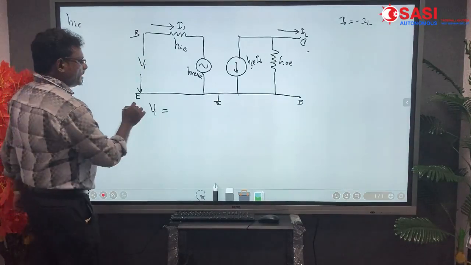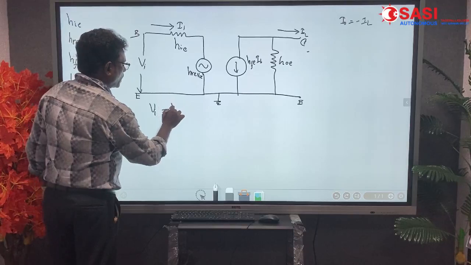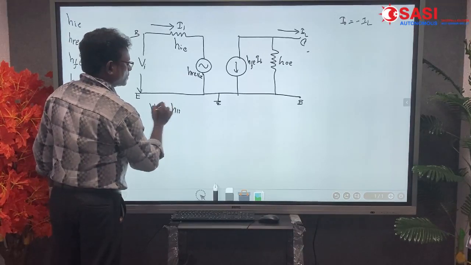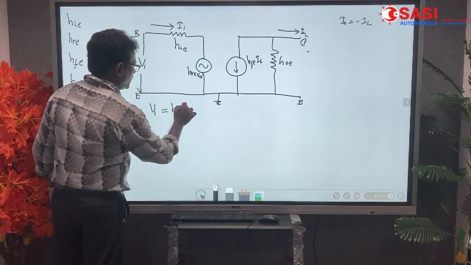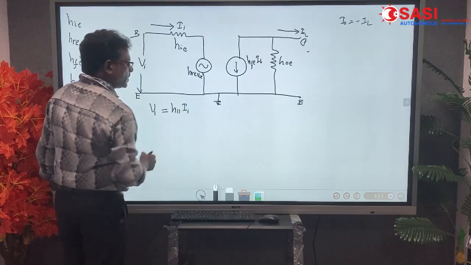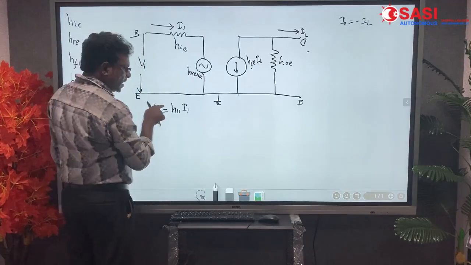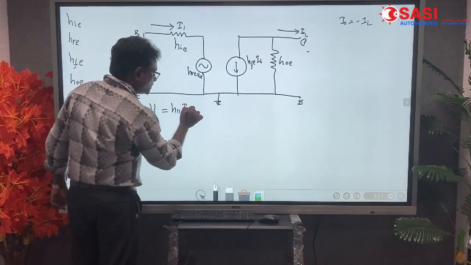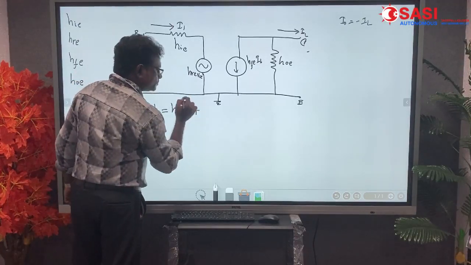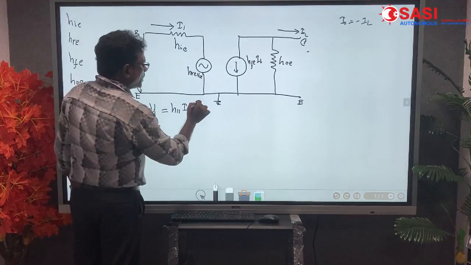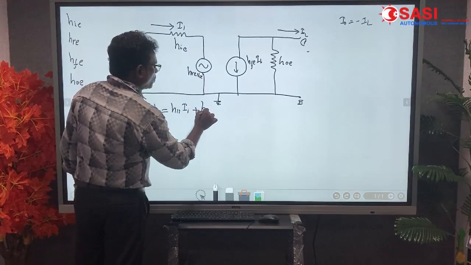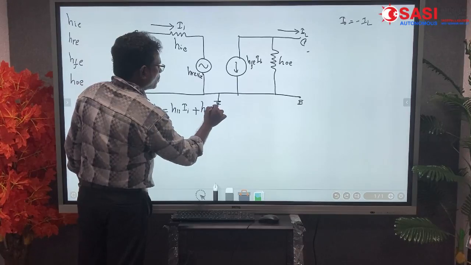So Vi equals H11 Ii, where Ii means input current passed through the resistance here, plus H12 V0.